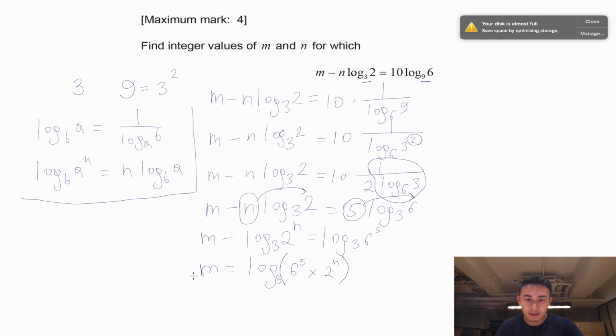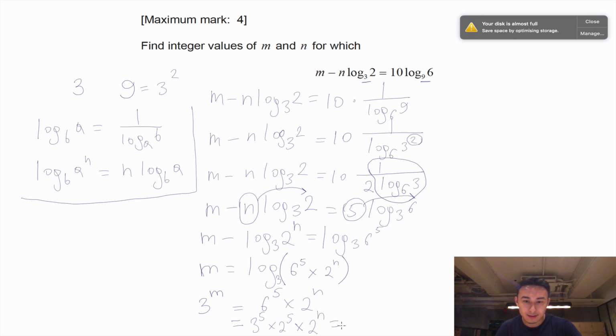And then the next step is to write it in the form of 3 to the power of m is equal to 6 to the power of 5 times 2 to the power of n. Okay. And which is equal to, now 6 to the power of 5 is equal to 3 to the power of 5 multiplied by 2 to the power of 5. The reason is 6 is equal to 3 times 2, and then times 2 to the power of n here.